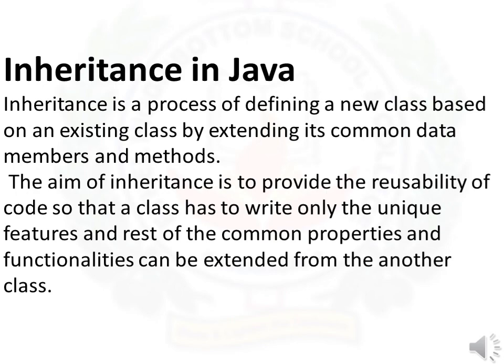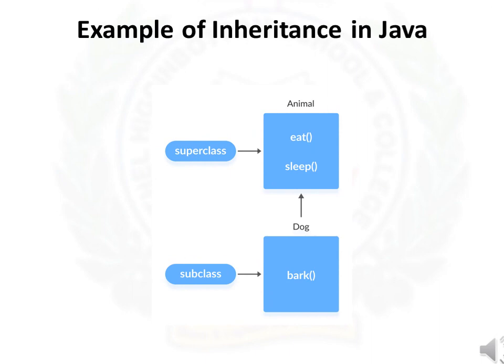So we'll see an example of inheritance in Java. The first class, the already existing class, is called the superclass, or otherwise the base class. The other one is the subclass, that is the derived class. This is the parent class and this is the child class. The parent class name is animal. Animal means every animal: tiger, lion, dog, cat, all are animals.